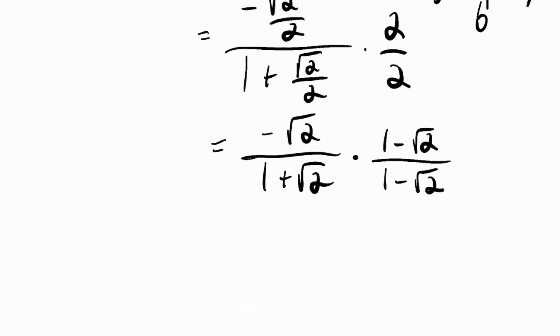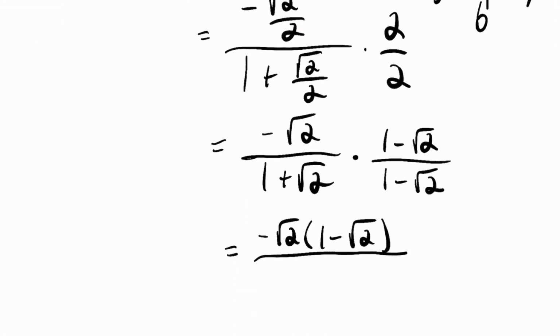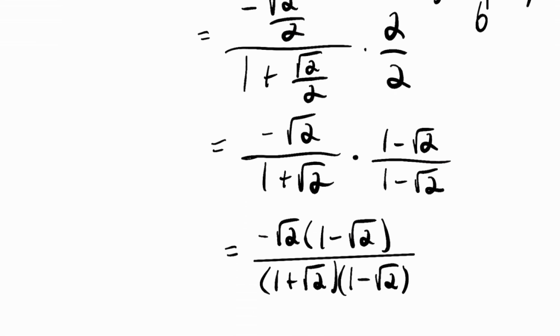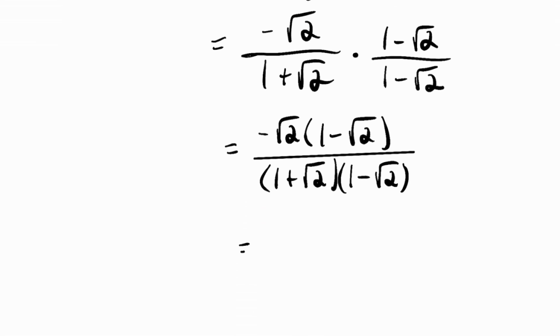So when I multiply in the numerator, let's do it this way. Let's say I have negative root 2 times 1 minus root 2, and 1 plus root 2 times 1 minus root 2. Let's be a little more explicit and not leave steps out. So in the numerator, I'm going to have a negative root 2 plus, think about what root 2 times root 2 is.